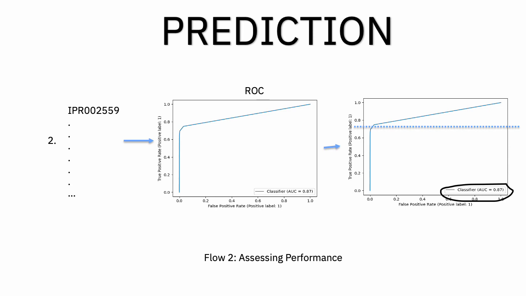It thus evaluates its performance by treating each IPR code as a separate tool and calculating metrics such as micro-precision, micro-recall, and F1 scores. Mainly, we depend on ROC curves and area under the curve to analyze the performance. We see that in this particular case, the area under the curve is 0.87. Furthermore, from the ROC curve, we are able to identify the threshold by using the needle algorithm.